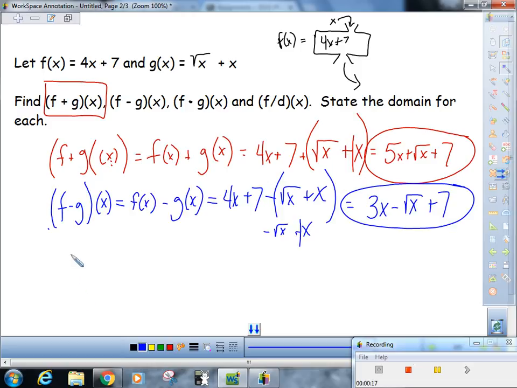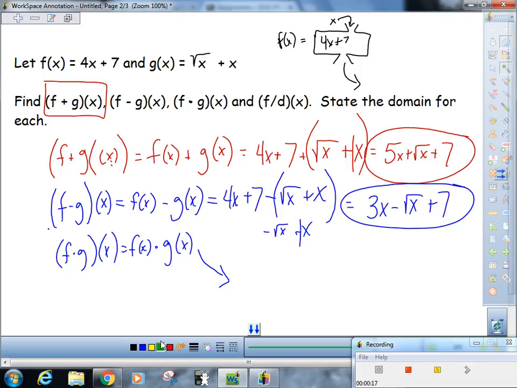All right, so let's see. f times g of x is the same thing as f of x, and I won't write this out every time, times g of x. Whoops. I should have changed colors. I'll do that now.